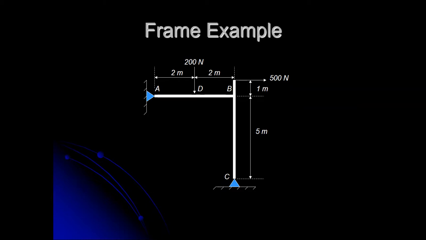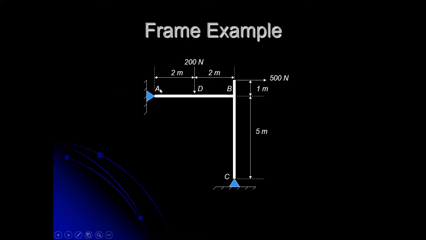So this is something that is a nice simple frame. It's a two-member frame. There's a vertical member and a horizontal member, and there are two pinned supports. Also not quite shown directly in this drawing, but it has to be there, is a pinned support at B. Anytime members are joined together, there's got to be a pin where those members are joined together.